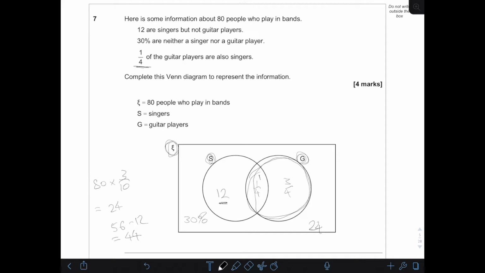So within the middle there are 11, and within the right we have 33. If I just clean up the diagram a little bit, removing all the things that we don't need, we should have this kind of distribution. So you have 24 on the outside, 33 on the right, 12 on the left, and 11 in the middle. So that's the answer. These are the 4 marks.